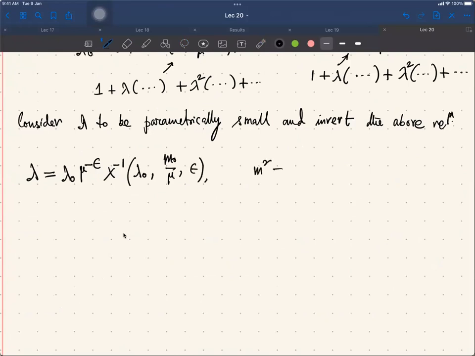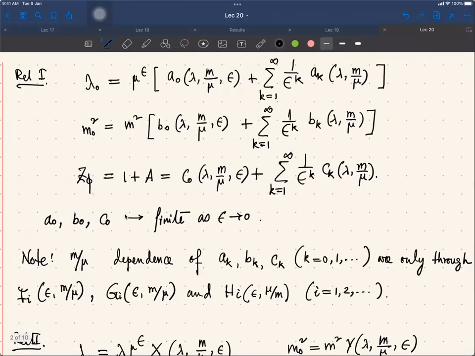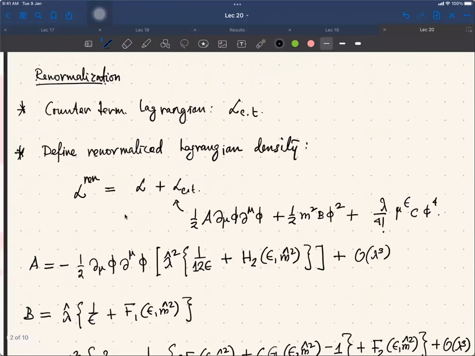Similarly, m square can be written as m0 squared times y inverse of lambda 0 m0 by mu to the epsilon. Now, this is the renormalized Lagrangian.